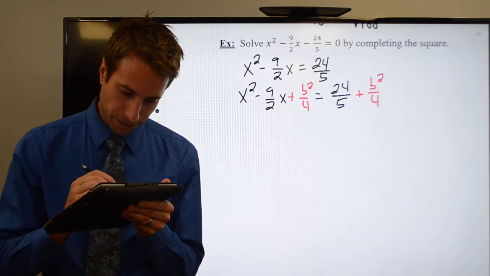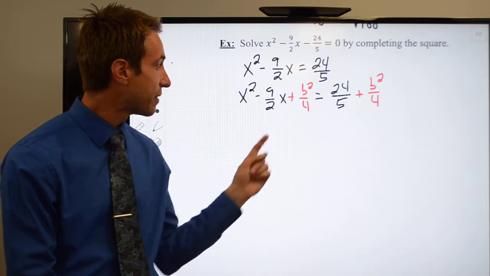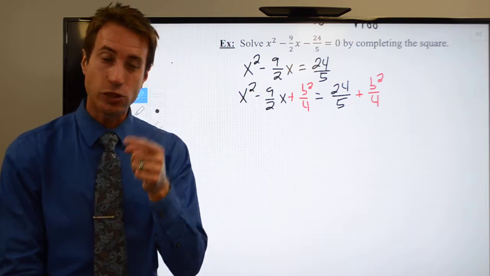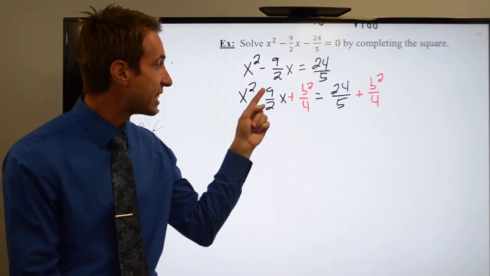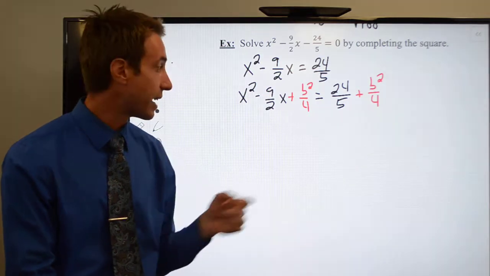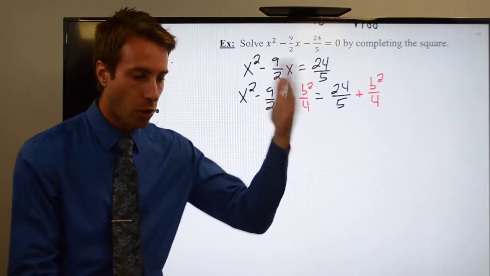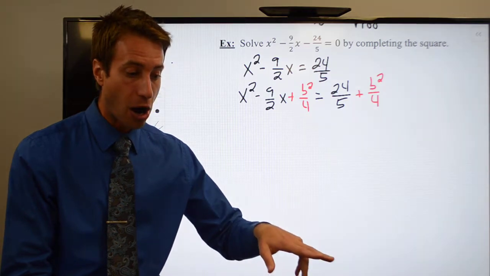Here we go. My b is a negative 9/2. We can do this in our head. This is good mental math. A negative 9 squared would be a positive 81. 2 squared would be a 4. The 4 gets dropped into the bottom.